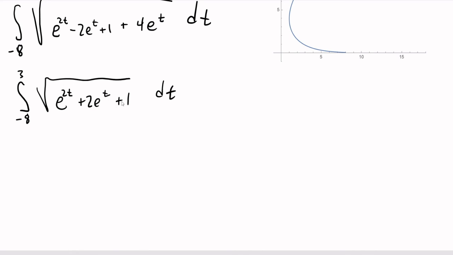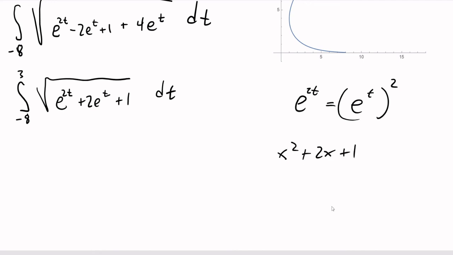Quadratic in e^t. Remember, e^(2t) is e^t squared, right? So this is quadratic. Pretend that e^t is x. This would be x squared plus 2x plus 1. It's the same formula, just instead of x, it's e^t.